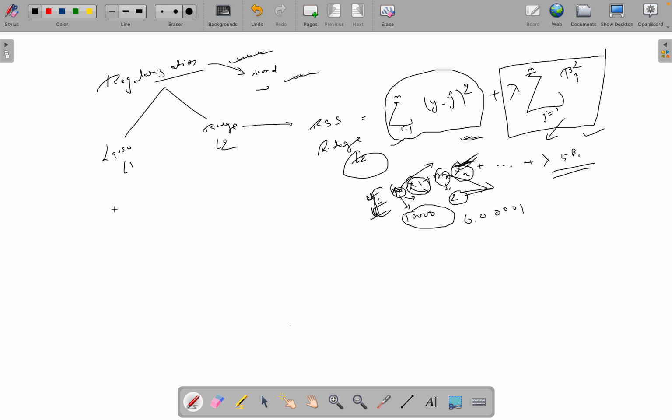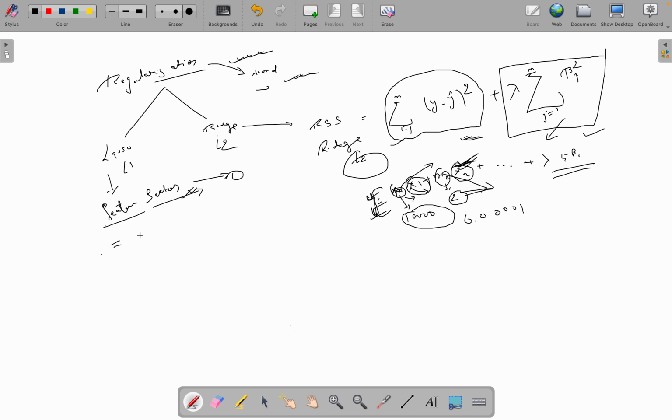Now the second one is lasso. Lasso is also called a feature selector, because it makes some of the features 0. That's why we call it a feature selection technique.